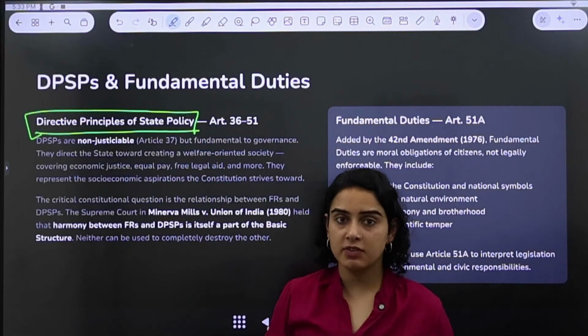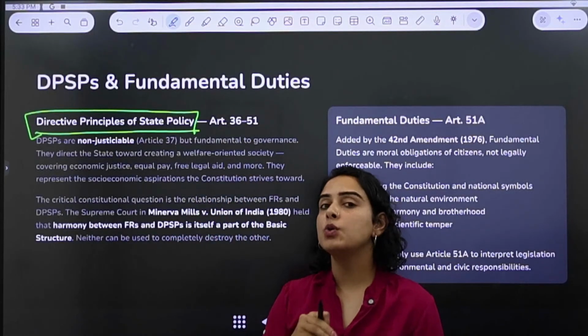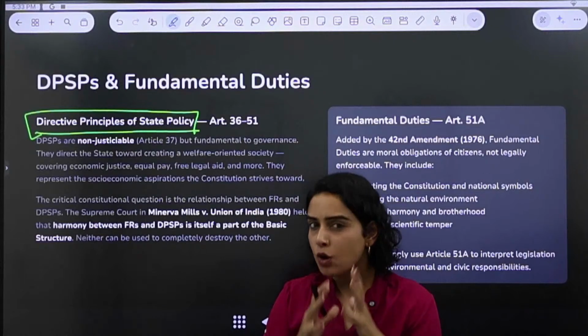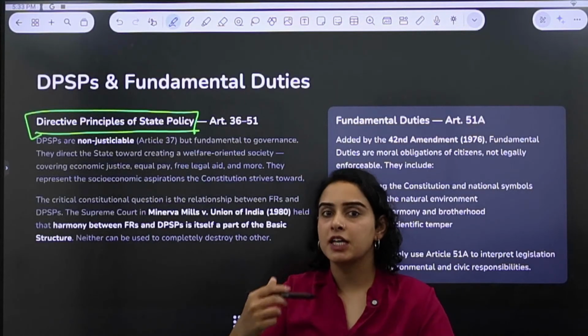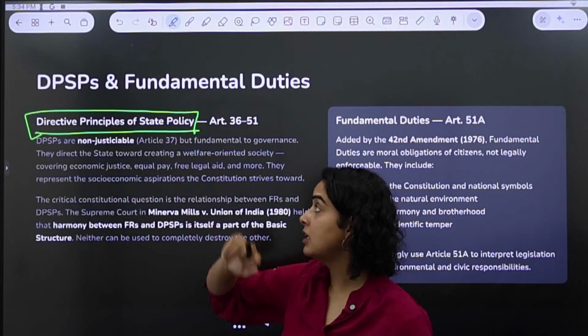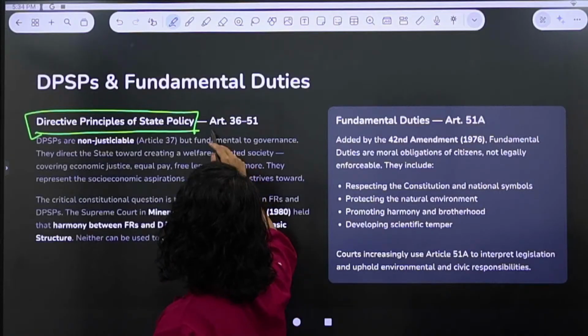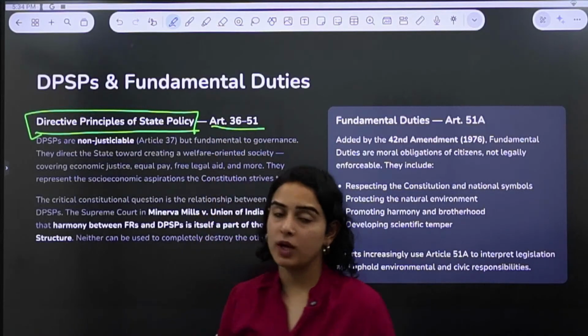Same way, if the government has to function, it also has to achieve some goals, right? Now, to achieve those goals, the constitution is giving them some directions, some instructions, right? That is something which has been given under DPSPs, and DPSPs are under Article 36 to 51.